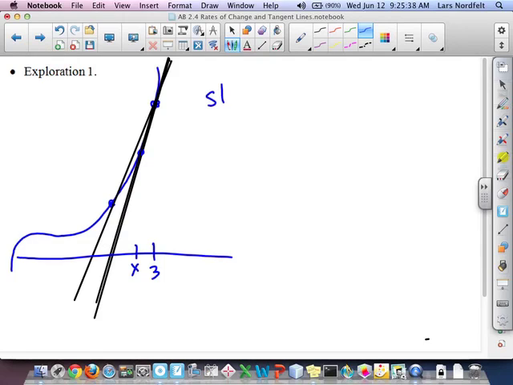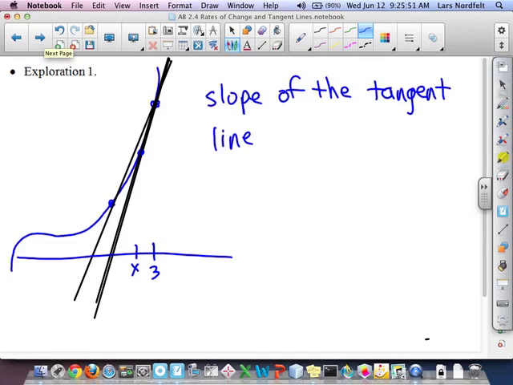the slope of the tangent line equals, or how about, now I want to say equals, but I'm going to leave a space here. f of x minus f of 3 over x minus 3, but only when x is getting really close to 3, right?